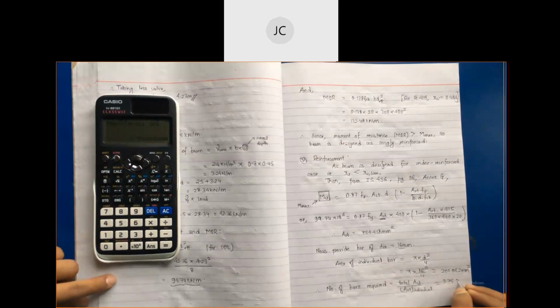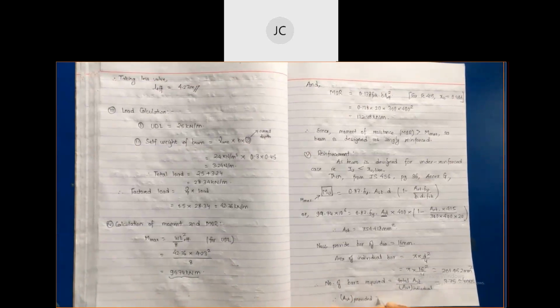Total AST by AST of individual. So 4 numbers of 16 mm bars are required. Therefore, AST provided will be 804.2 millimeter square.